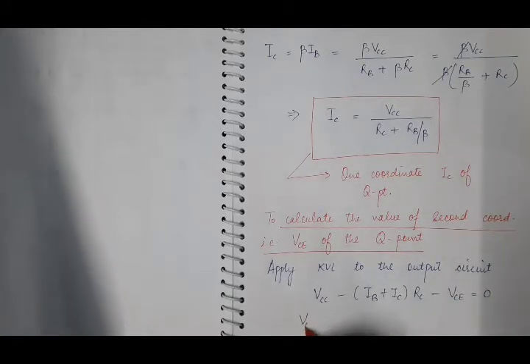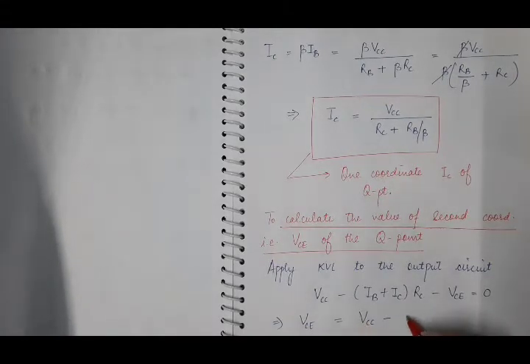Find the value of VCE. It will be VCC minus (IB plus IC) into RC.